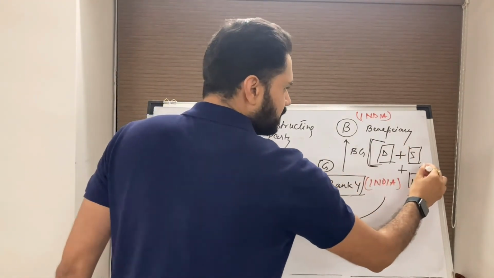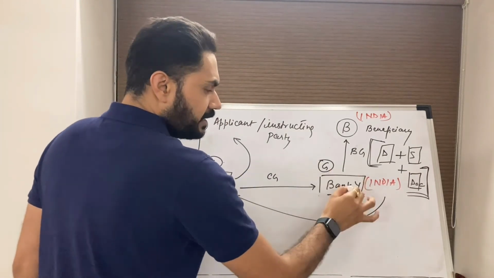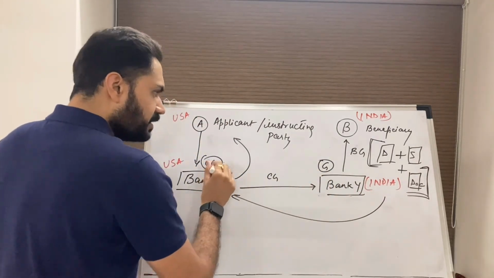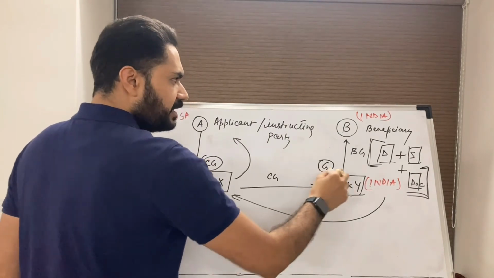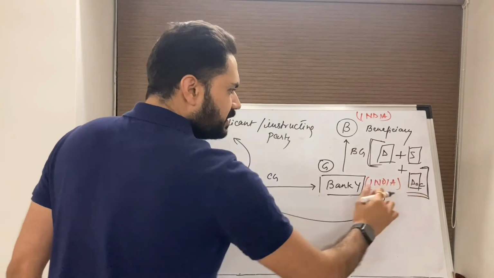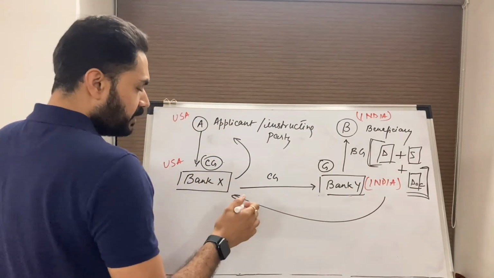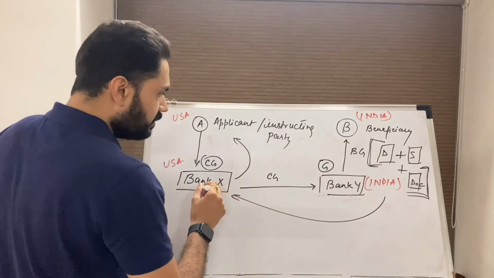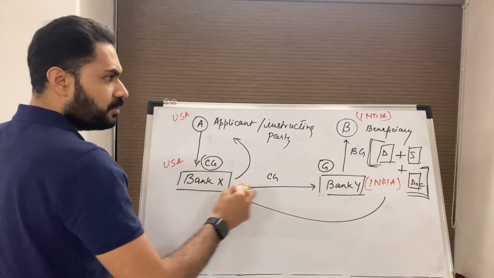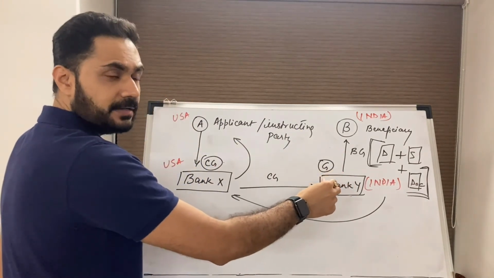Now when this demand is received, Bank Y, the guarantor, will not wait for funds to be received from the counter guarantor and then make the payment. No, Bank Y can make the payment, then send a copy of the documents to the counter guarantor. Similarly, the counter guarantor will not wait for these documents to be received and then make the payment to the guarantor.